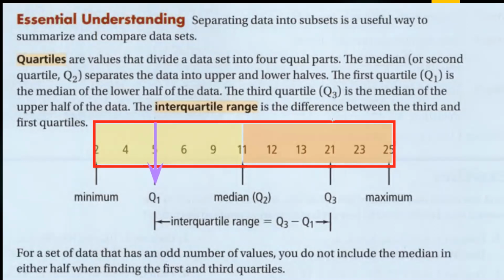And when you cut the second part, the orange one, into 2 equal halves, we call it Q3. And then interquartile range or IQR. Don't forget, it's Q3 minus Q1, which is the difference between the third and the first quartile. Is it clear?